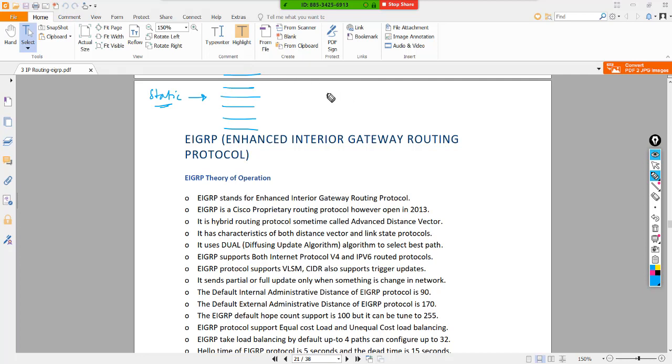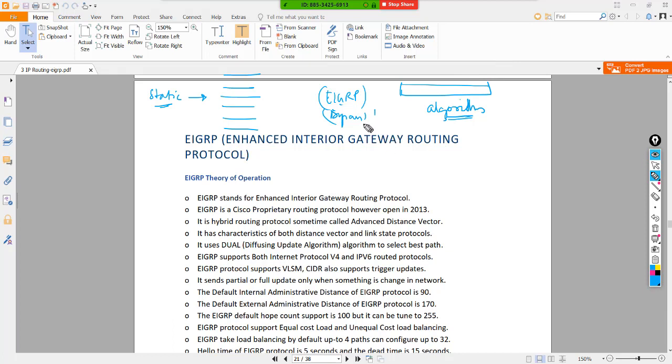Whereas in the case of EIGRP, which is an example of a dynamic routing protocol, there is an algorithm. Whoever discovered EIGRP made use of some algorithm, and based on this algorithm, EIGRP is going to find the best way to reach the next router or the destination.